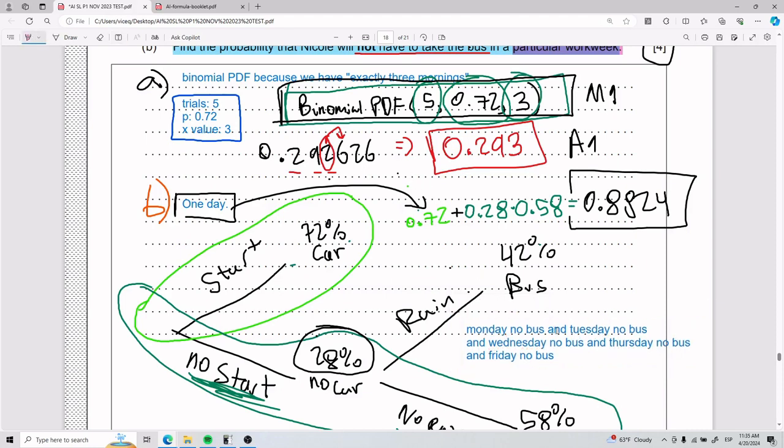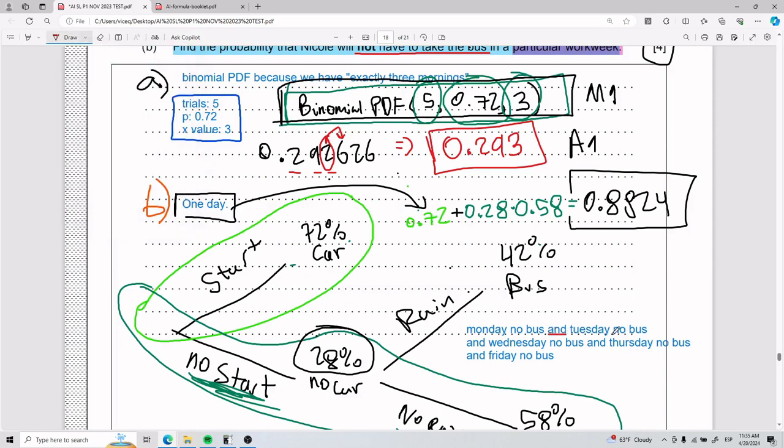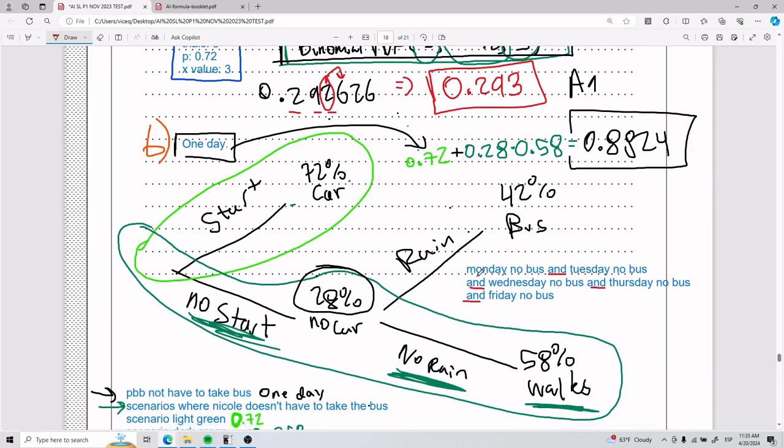So you have a bunch of ands. You have Monday no bus, and Tuesday no bus, and Wednesday no bus, and Thursday no bus, and Friday no bus. And so from here you realize, okay, probability of Monday no bus, 0.8824, times Tuesday no bus, 0.8824, and Wednesday no bus times 0.8824, and so on and so forth.